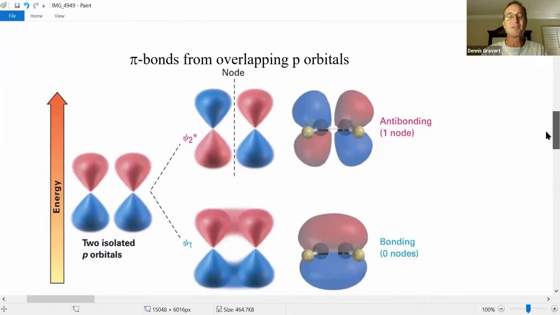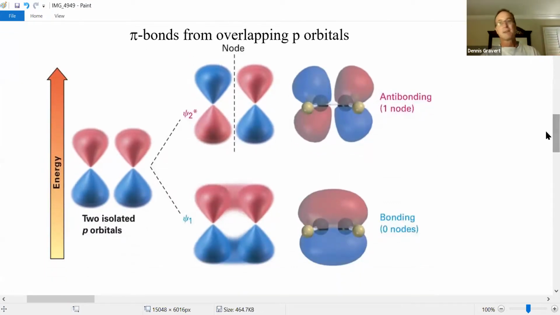What's really going on? Well, let's go back to general chemistry when we discussed the pi bonds, the double bonds back then. We said that the pi bond involves 2 p orbitals sideways overlapping to create a bonding orbital and an antibonding orbital. Remember the pi bond or the pi orbital and the pi star antibonding orbital? And they look like this.